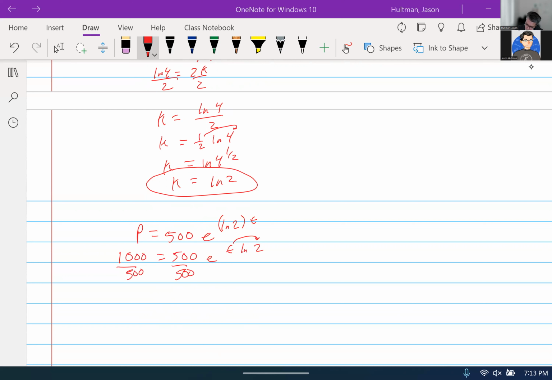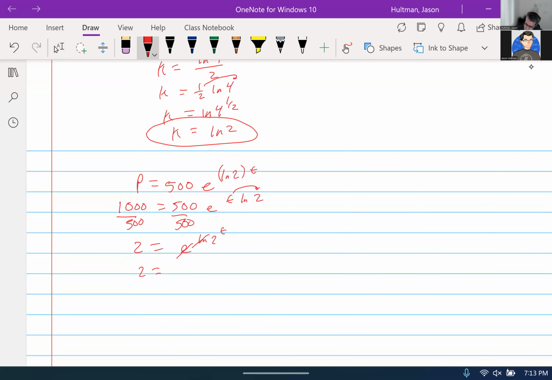And we get 2 is equal to e to the natural log of 2 to the t. The e and the natural log are going to cancel. I'm left with 2 is equal to 2 to the t. So what is t? Well, t is equal to 1, because that would have to be the exponent there. And so that's 1 hour.